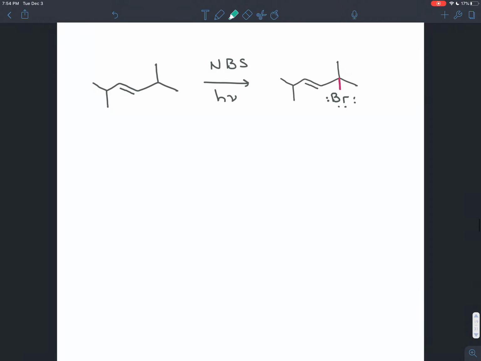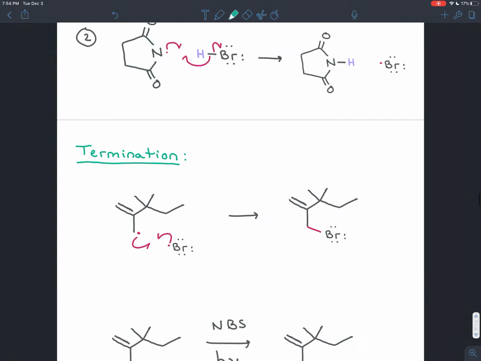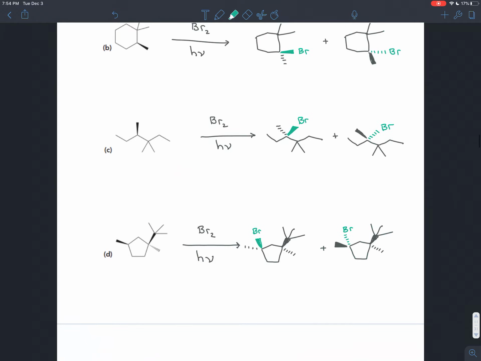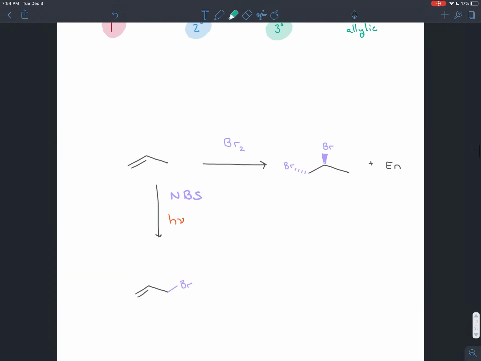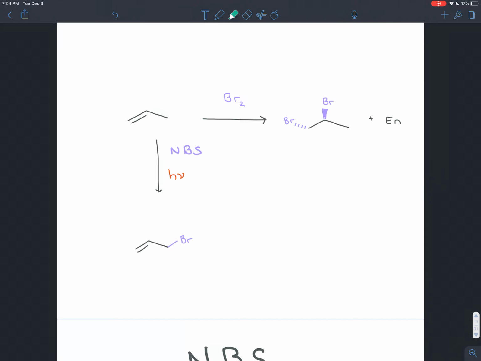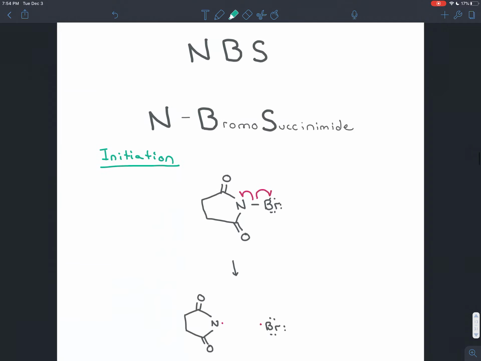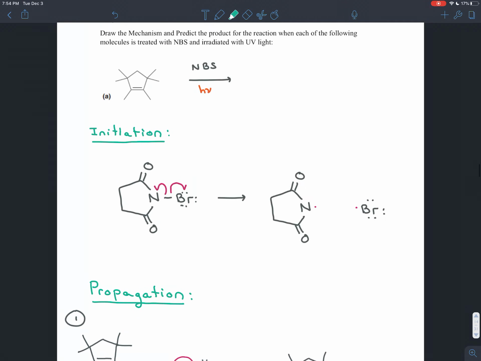So N-bromosuccinimide is a way to efficiently add bromines onto the allylic position without having to worry about competing addition reactions, the competing addition reactions that we would get if we just used molecular bromine. So NBS with light will give us the radical product. And hopefully these exercises in this video clarified and walked you through how to draw the mechanism for these N-bromosuccinimide radical halogenation reactions.